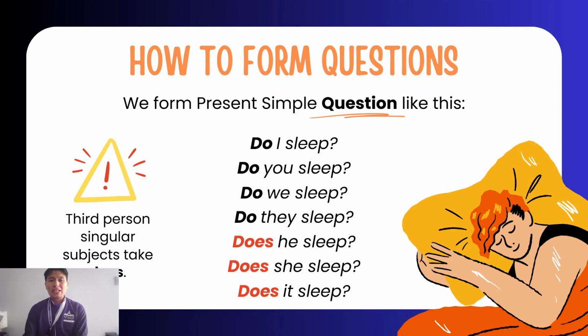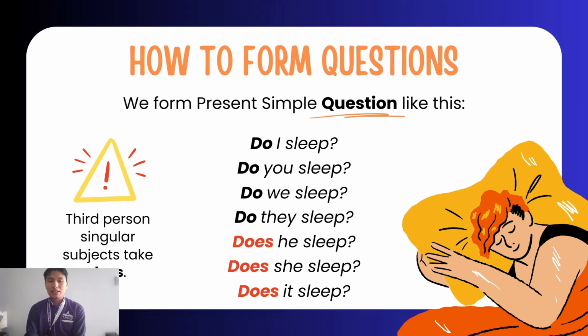We form present simple questions like this. When making questions with the present simple tense, we need to use the auxiliaries do and does. But what are auxiliaries? The auxiliaries tell us the verb tense of a sentence, whether it is in present, in past, or in future.